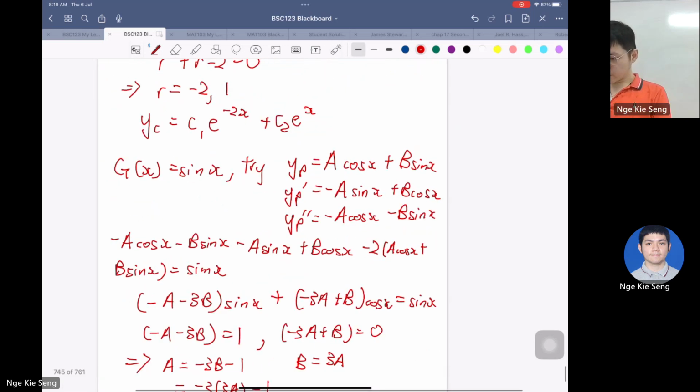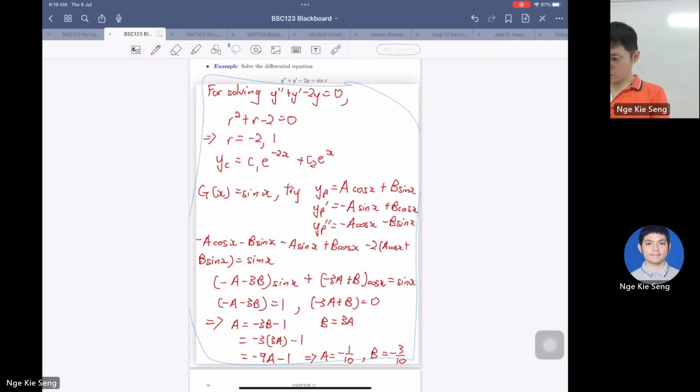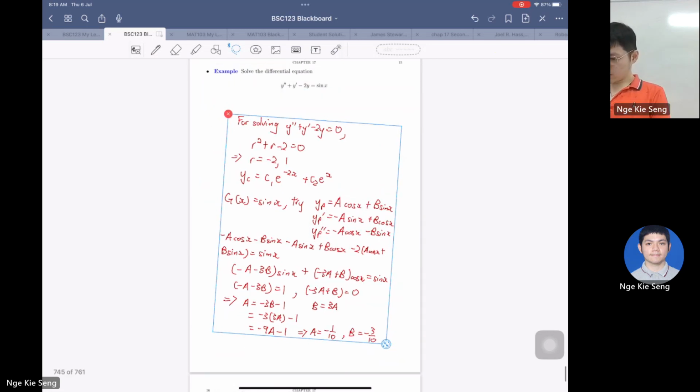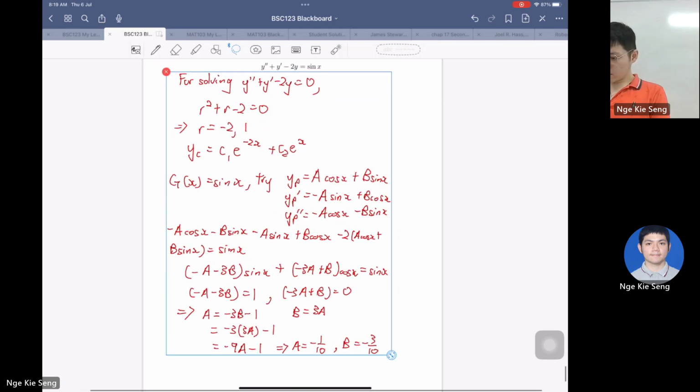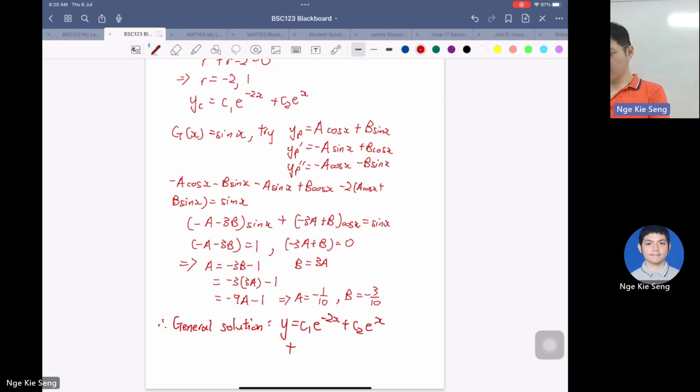So all together, you need to put all the solutions together. All the solution is the solution to the homogeneous part plus the non-homogeneous part.